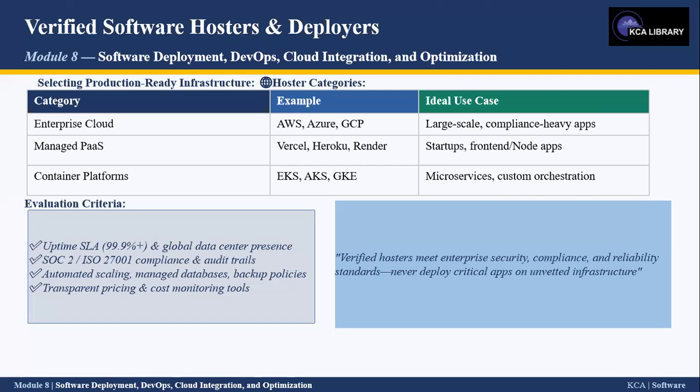Categories include cloud giants such as AWS, Azure, and GCP; PaaS platforms such as Heroku and Render; and front-end focused platforms such as Vercel and Netlify. Never deploy critical applications on unvetted infrastructure.